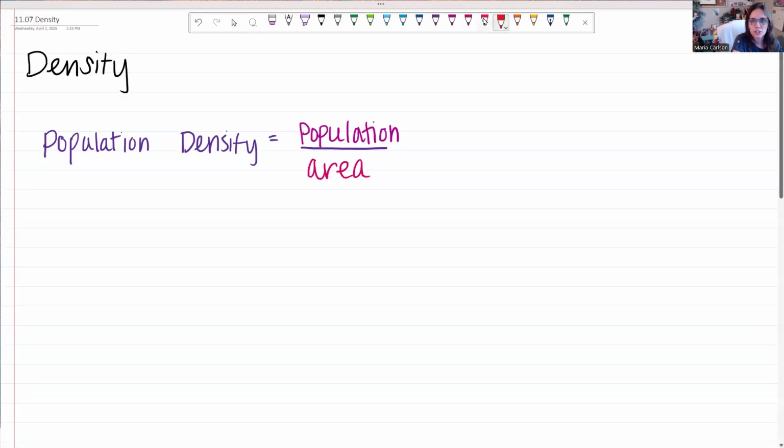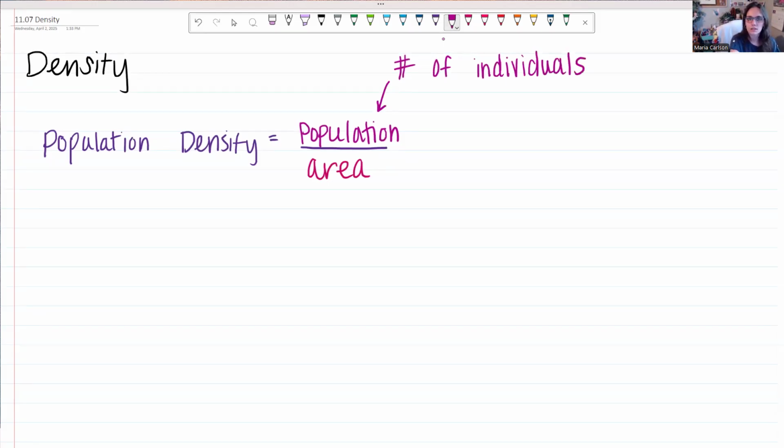So population refers to the number of individuals, whether that's people or specific species, maybe even bacteria. And area is measured in square units, whether that's square miles, square feet, whatever it may be.